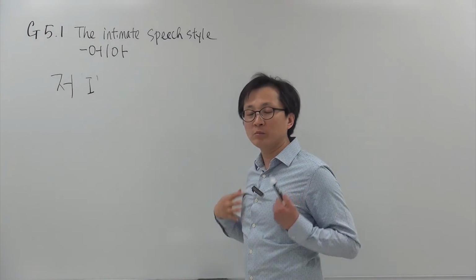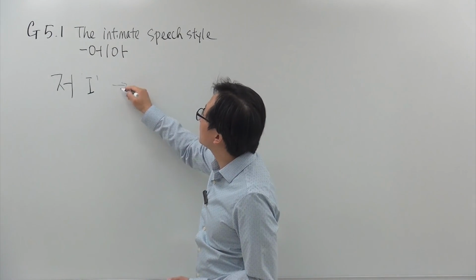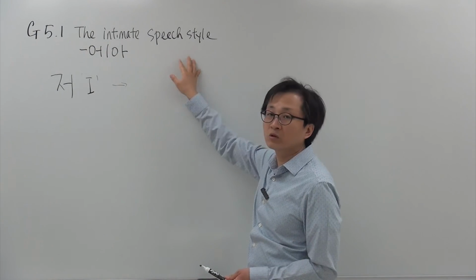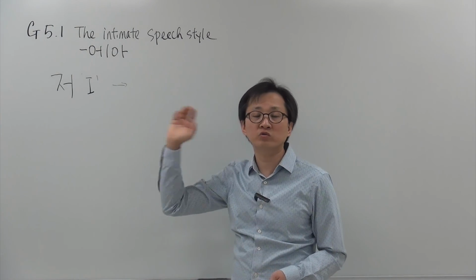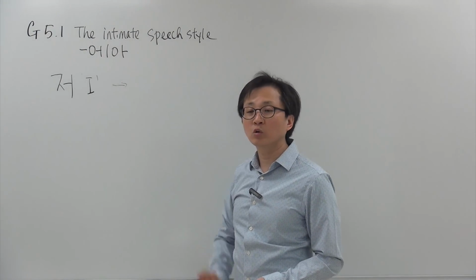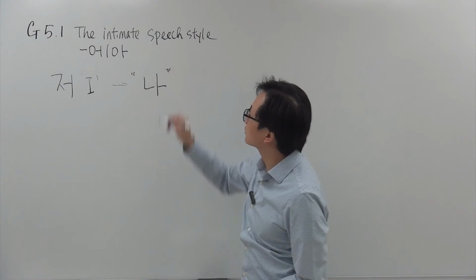So you are humbling yourself. 저는. 그렇죠. But when you speak in this intimate speech style, you use this form to a close friend, close family member, or little kid. So you don't have to lower yourself. So you use the plain form 나.